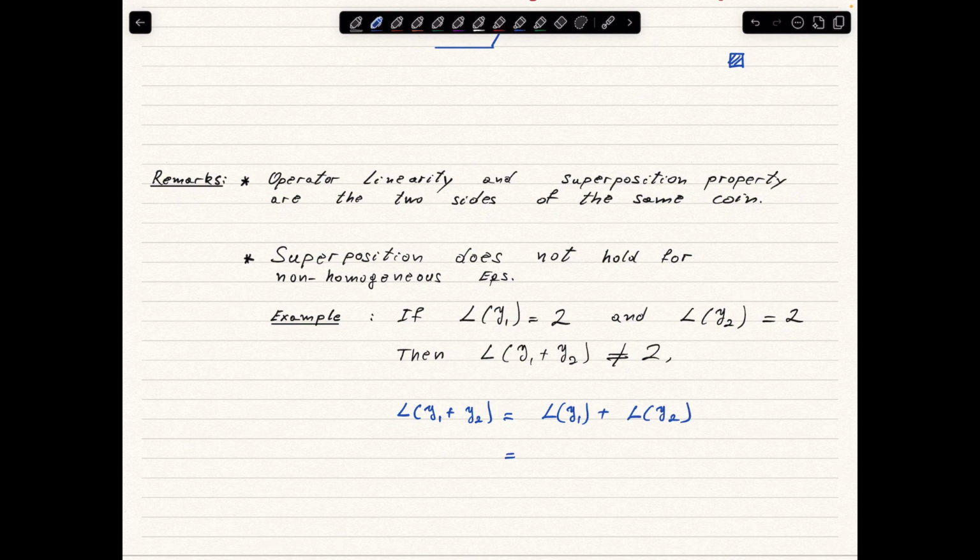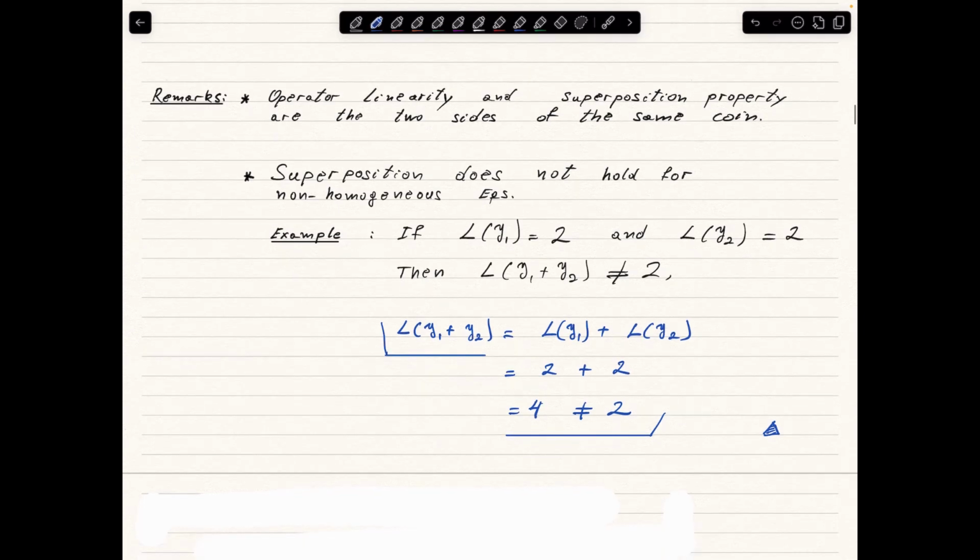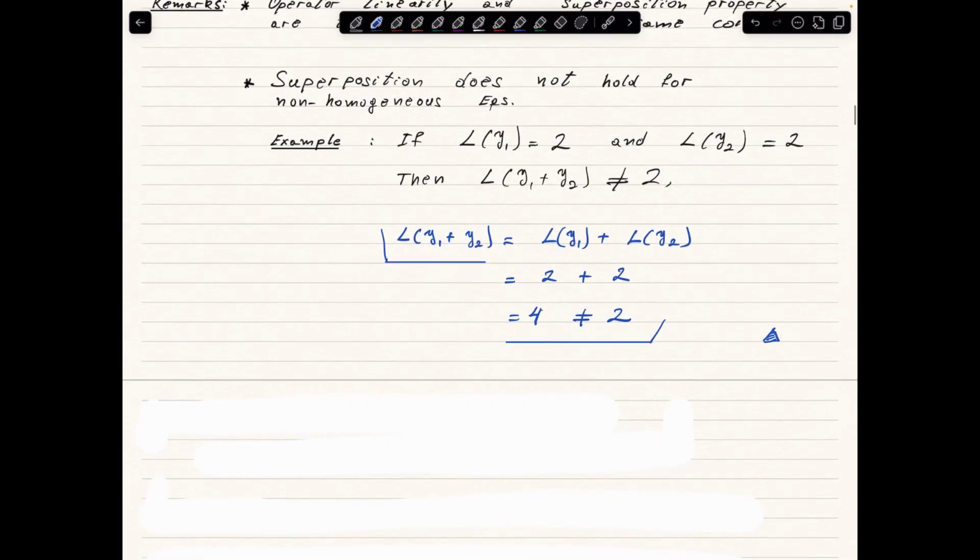And now we know that the first term is going to be 2, but there is another 2 coming from the second term. So actually this is equal to 4, which is not 2. So that's it. In order to have superposition, we need to talk about solutions of homogeneous equations. The non-homogeneous equations don't have the superposition property. Okay, so one more example about the superposition property.